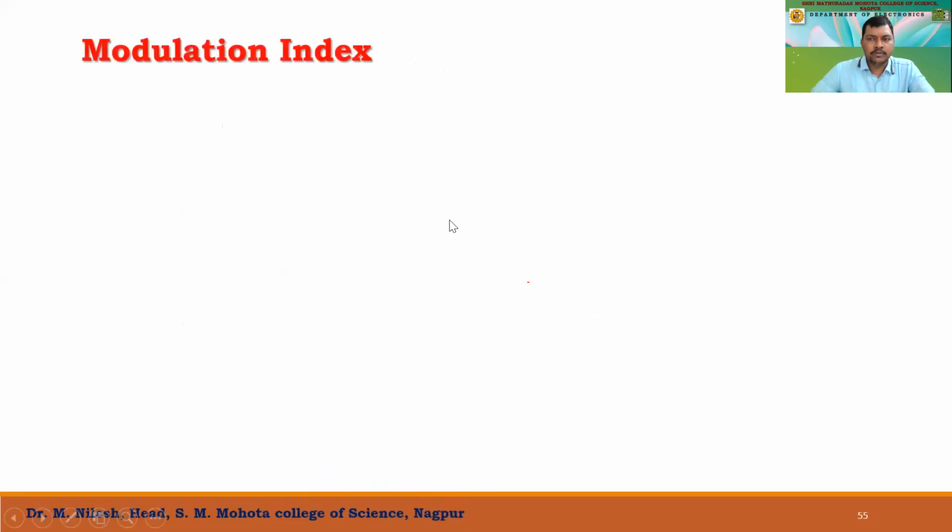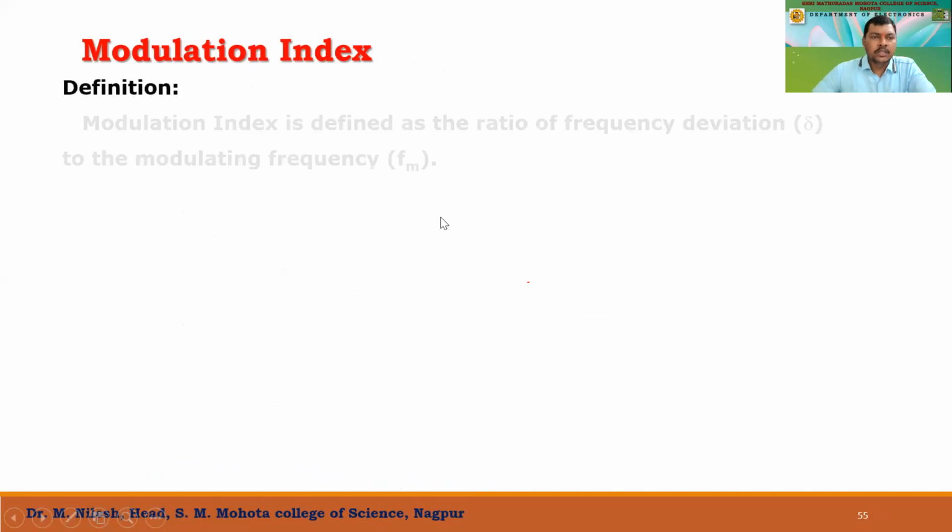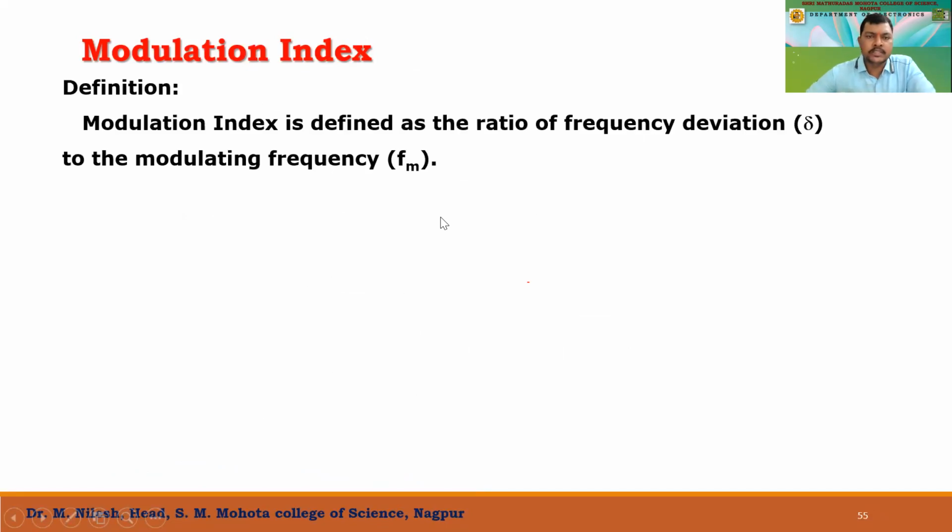Let us start with some of the derivation portion of this modulation index. The modulation index is defined as the ratio of the frequency deviation, delta, to the modulating frequency. We also defined the same in amplitude modulation, where we had a modulation index too.